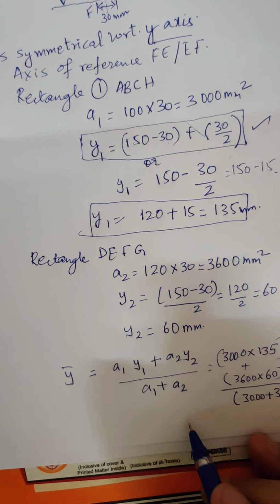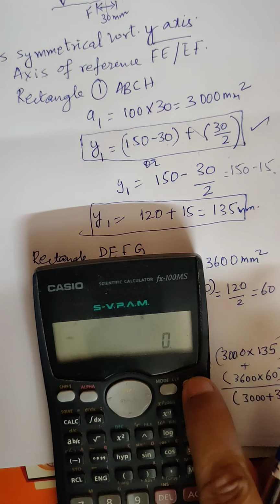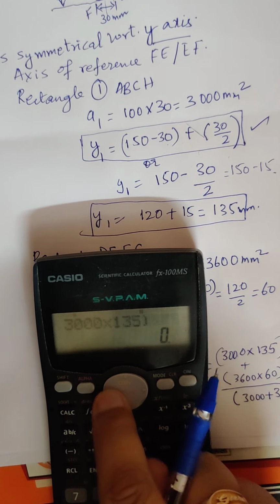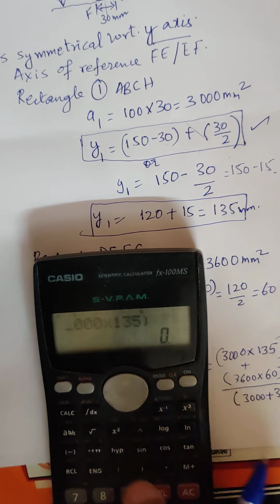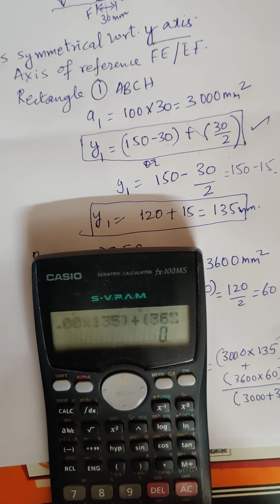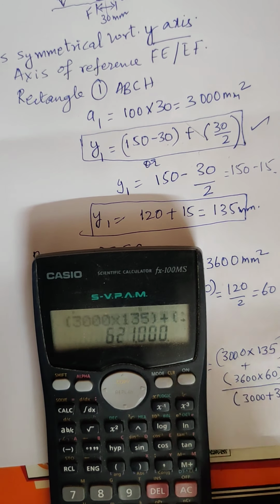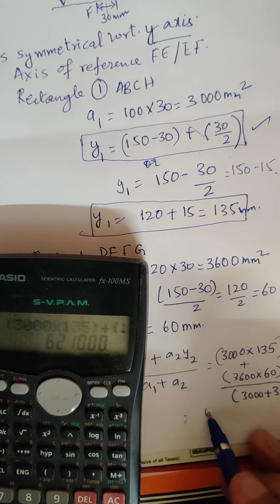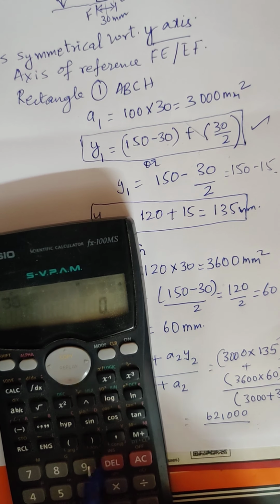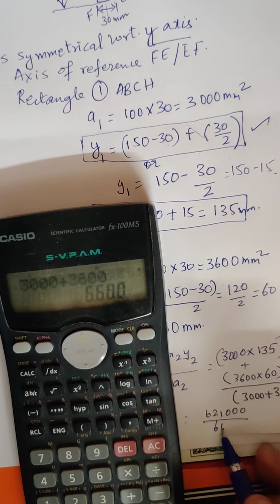So how much will you get? That will be 3000 into 135 plus 3600 into 60. First I'll do the numerator. That will be 621 followed by 3 zeros, divided by 3000 plus 3600 equals 6600.